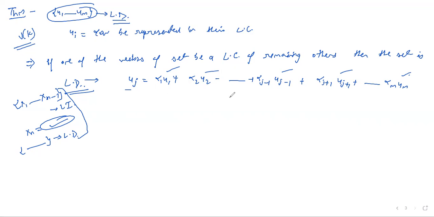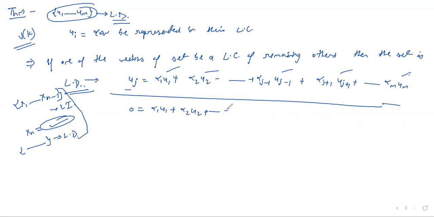How? Let's see. If I subtract uj from this equation, what do I get? I get 0 equals alpha 1 u1 plus alpha 2 u2 to alpha (j-1) u(j-1) plus minus 1 of uj plus alpha (j+1) u(j+1) to alpha m um.